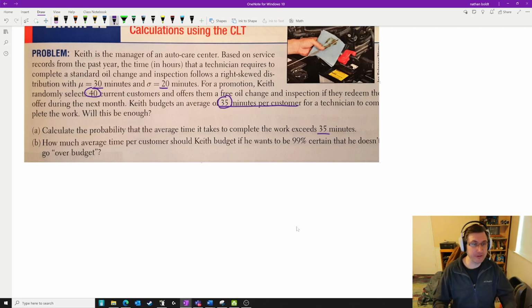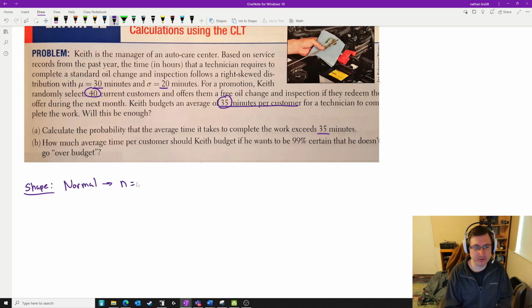All right, the average time in my sample of 40. So we're taking samples of 40 people here. So the shape is, in fact, normal, because our sample size is equal to 40, which is greater than or equal to 30. Check. All right, shape, the center.